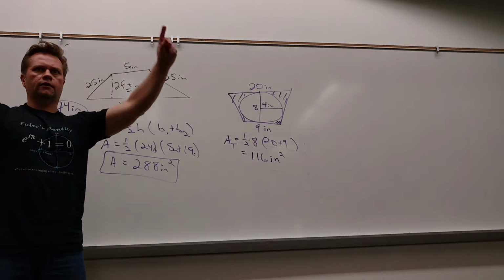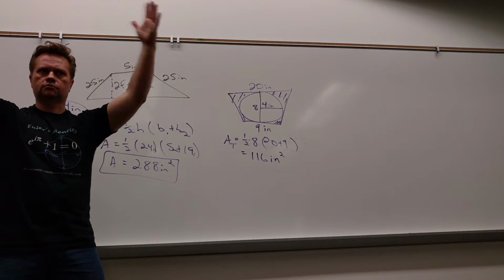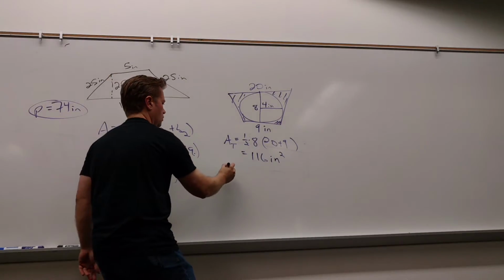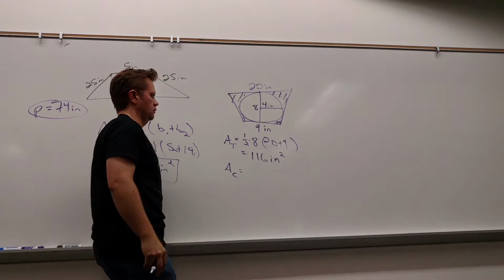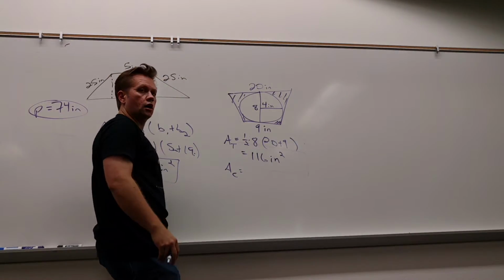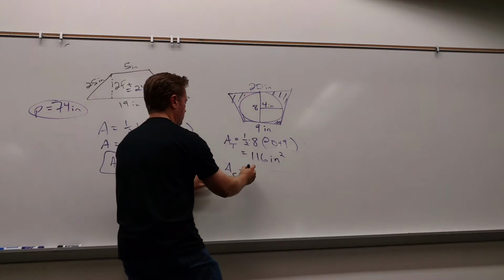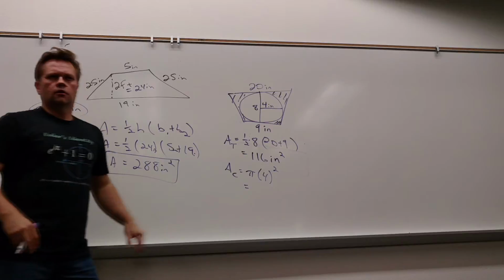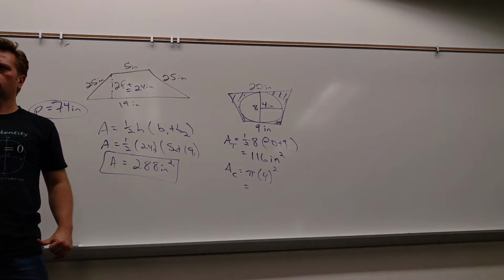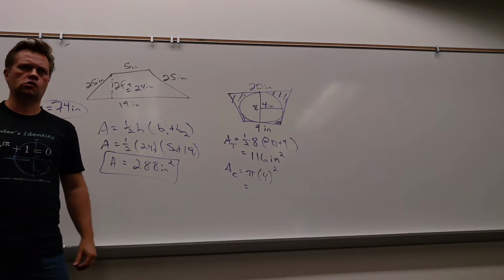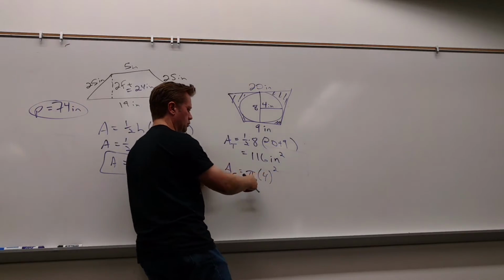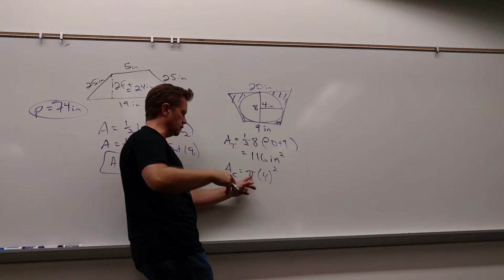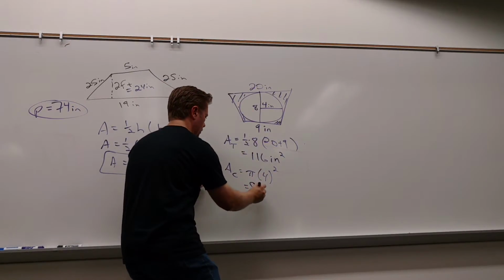Now, how do I get the area that I cut out? It's just a circle. So, 116 minus the area of the circle. The area of the circle is what? Pi r squared. And what's r? 4. So it'll be pi times 4 squared. I got like 50.26. Sure, because 16 times 3 is like 48, so 16 times a little more than 3.